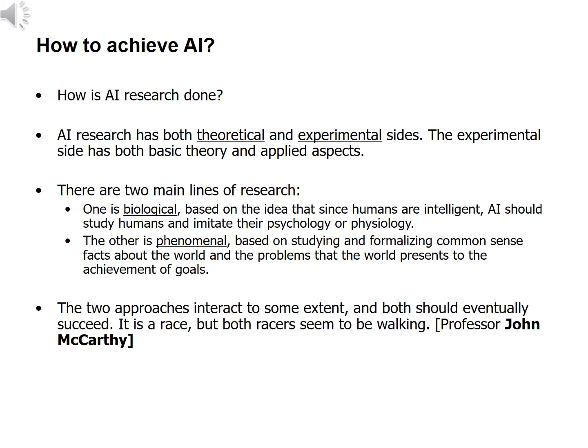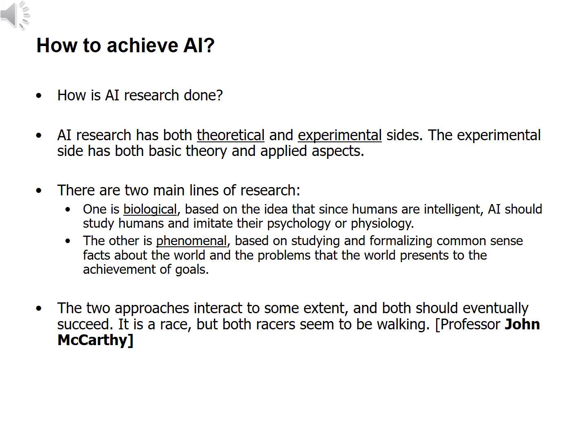Now, how to achieve artificial intelligence? And how is artificial intelligence research done? There are two parts of artificial intelligence research: a theoretical part and an experimental part. The experimental part has both basic theory and applied aspects. And there are two main lines of research, basically the biological one and the phenomenal one.